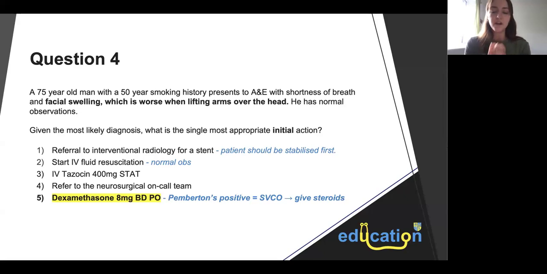So that's the first thing you would do. And then you would absolutely escalate to the radiologist and the oncology on-call team. But in terms of your most appropriate initial management, it would definitely be the dexamethasone.